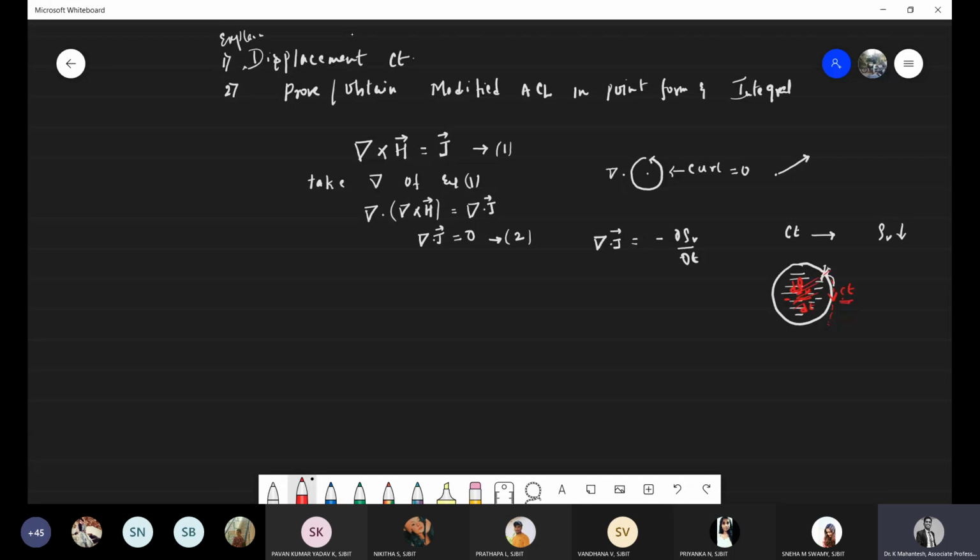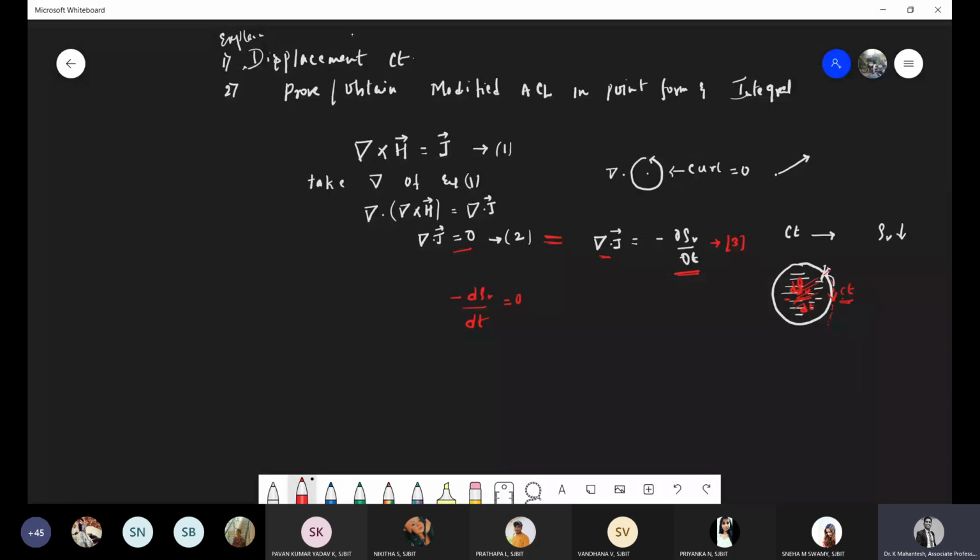In a very similar way, what happens with respect to the current density here? It is due to the rate of decrease in the volume charges with respect to time. If I try to equate these two equations, if I call this equation 3, now this becomes contradictory. You say divergence of J is equal to 0, but here it is giving me minus d rho v by dt. This holds only when minus d rho v by dt is equal to 0.